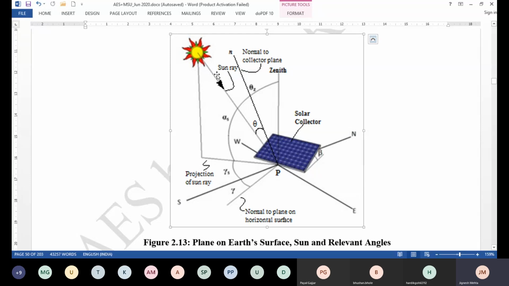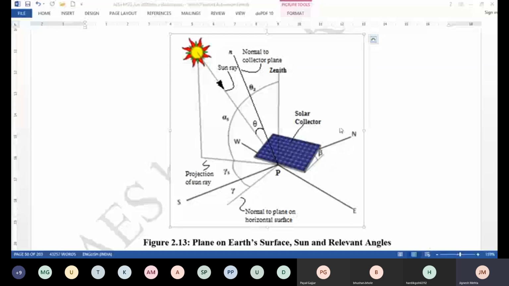So only the cos theta component of the energy available in the sun ray would be available as input energy. So that's why it's important to know angle theta at a given point of time and at a given location on the surface of the earth.